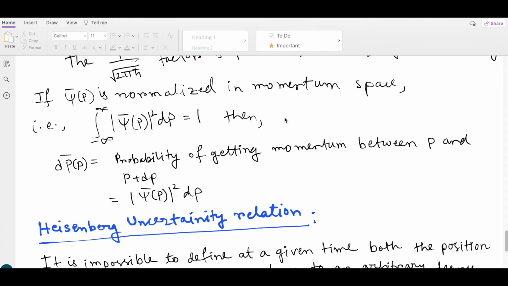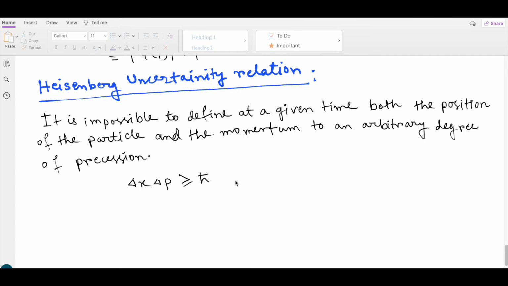As in normal 3D space, the probability of finding a particle at position x at time t is mod psi(x,t) square dx. Similarly, in the momentum space, the probability of getting momentum between p and p plus dp is mod psi bar(p) square dp.